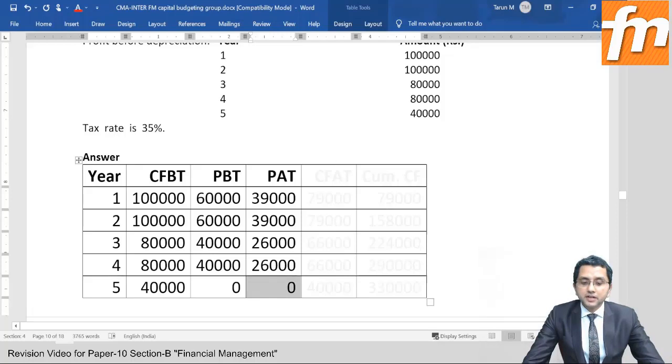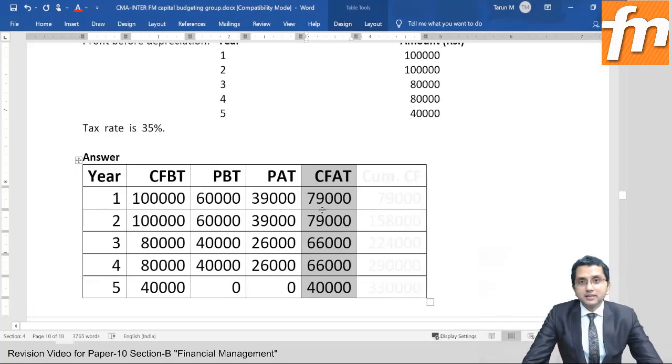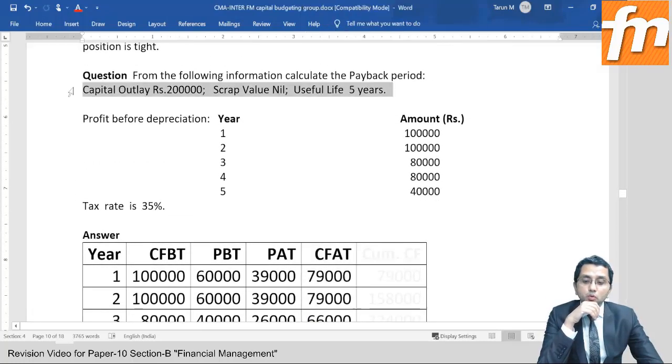I'll add back depreciation, which is 40,000 rupees, to arrive at cash flow after tax: 79, 79, 66, 66 and 40,000. And I want to calculate the time period within which the initial investment of 2 lakh rupees will be recovered.